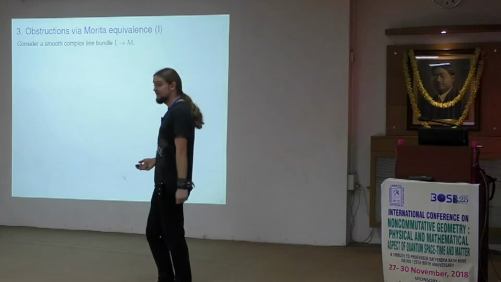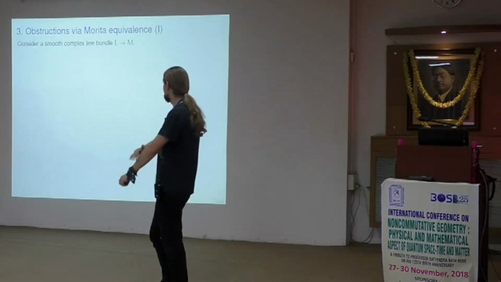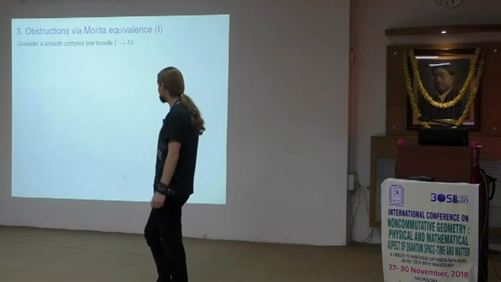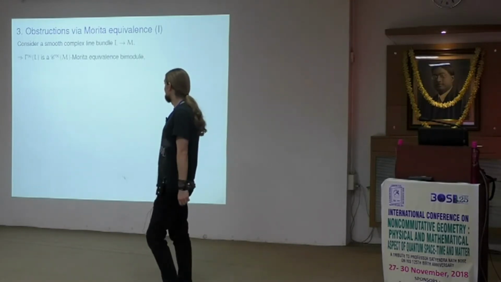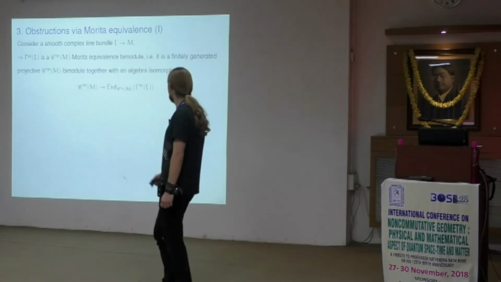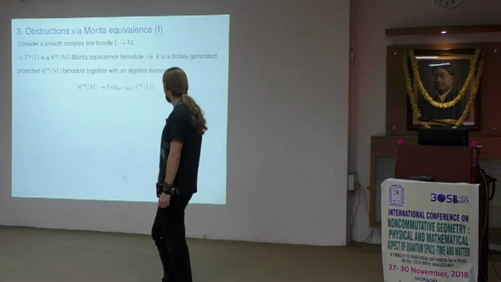Okay, the last part. Here we start with a smooth complex line bundle L over M, and what we know is that the smooth sections are a Morita equivalence bimodule for the functions, which means that it's a finitely generated projective bimodule with an algebra isomorphism of this form.